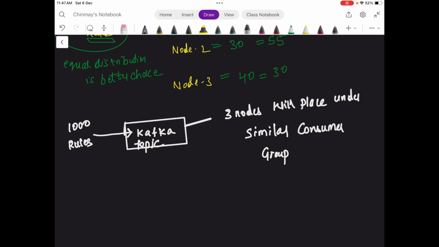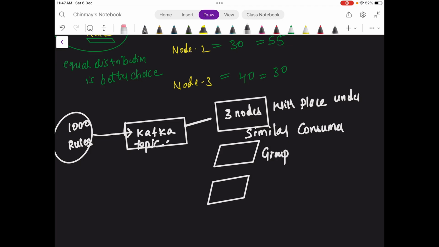If we place all 3 nodes in one consumer group, whatever data is present in the Kafka topic will be equally distributed, right? So the 1,000 rules we placed in the Kafka topic, with 3 nodes in one consumer group, are automatically equally distributed, and the rules are executed in the nodes.